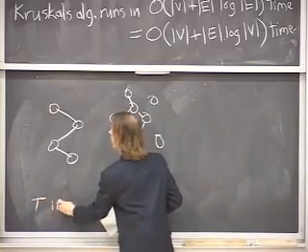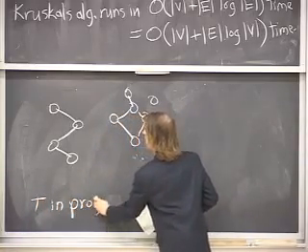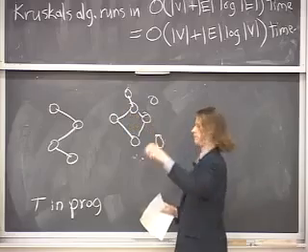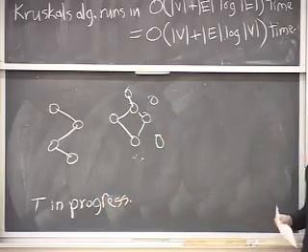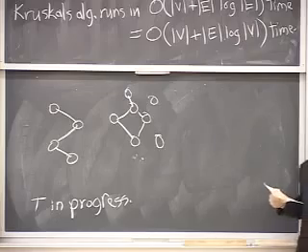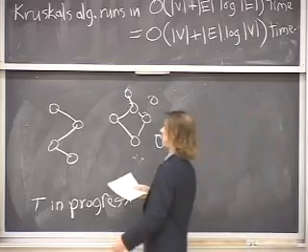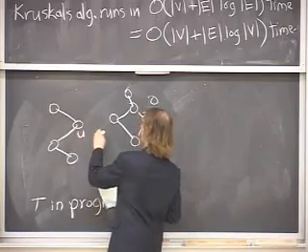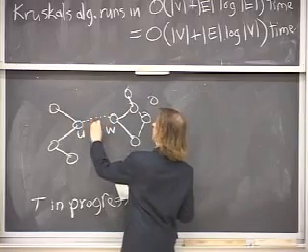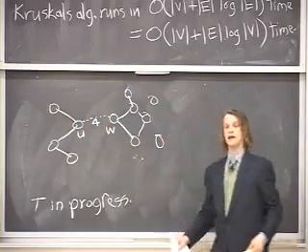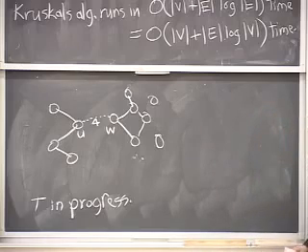So this is T while I'm building it up. Maybe I'm halfway through running that algorithm, and maybe this is what T looks like at a particular moment in time. And so now I'm looking at a particular edge, UW. Suppose that has a weight of 4. And I'm deciding, should I or should I not add UW?